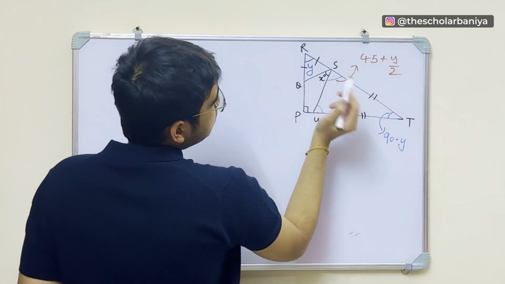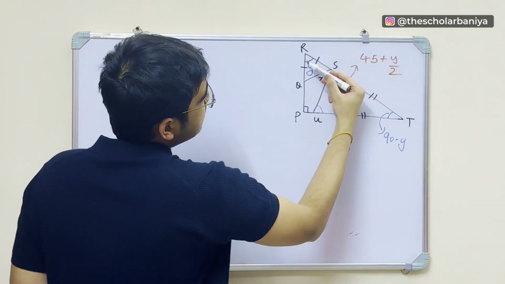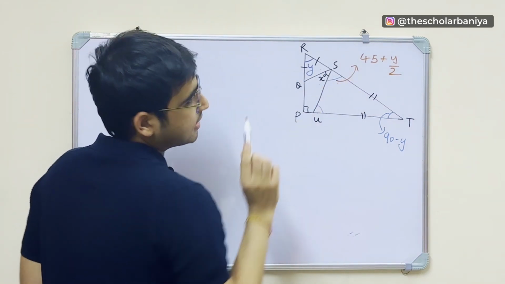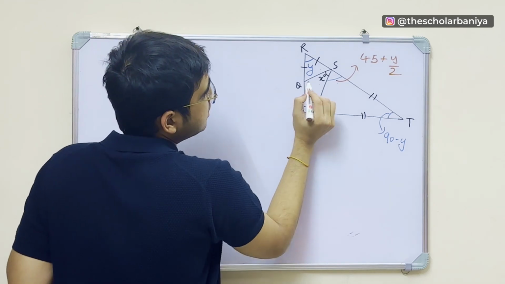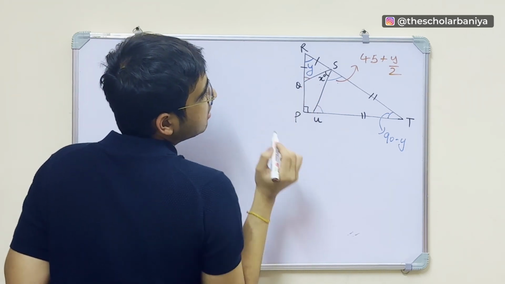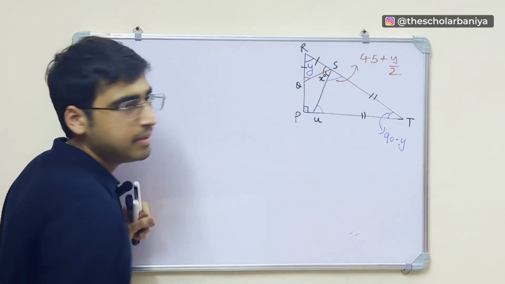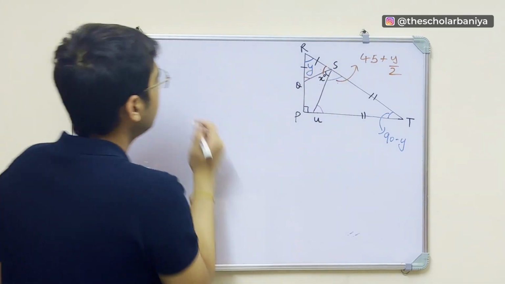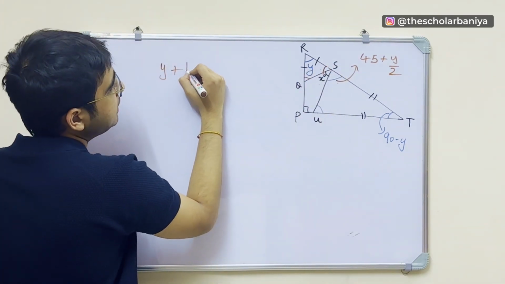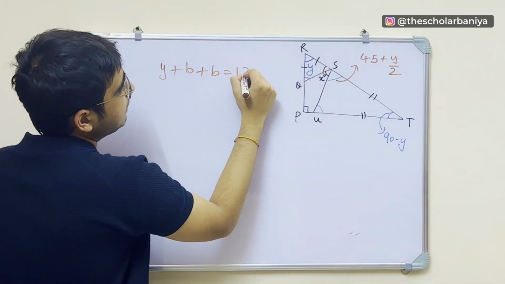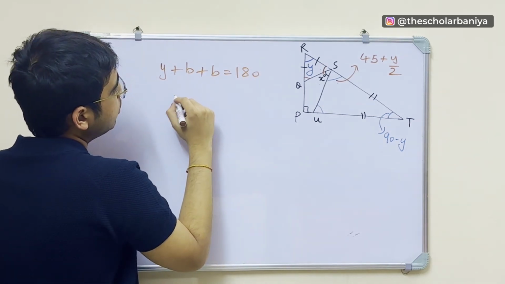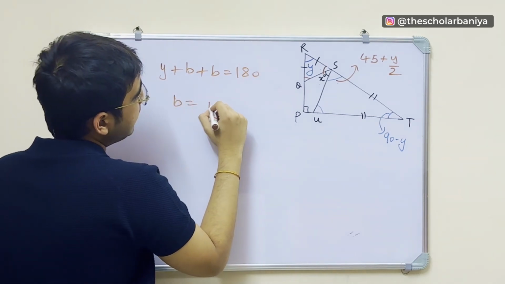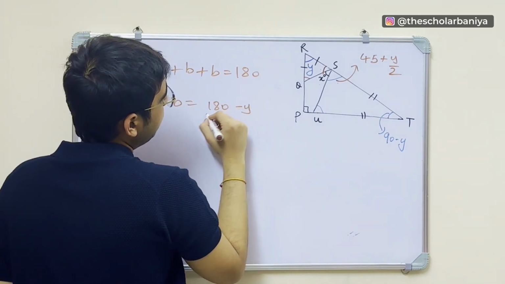Okay. So now tell me again, because this side RQ is equal to RS, right? So let's assume this is something like B. If this angle is B, this angle will also be B, right? Because these two sides are equal. So Y plus 2B is equal to 180, right? So how much will B be? B will be 180 minus Y upon 2.